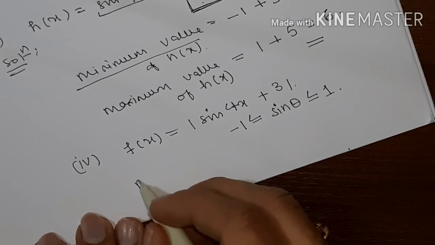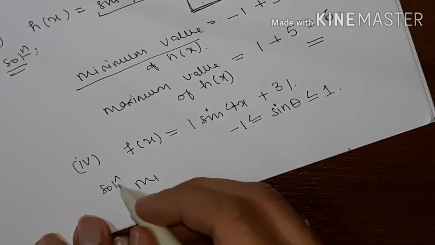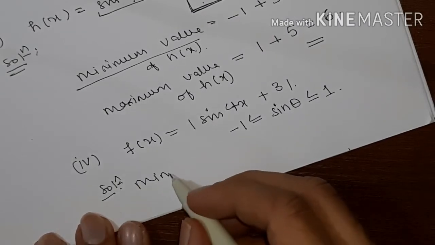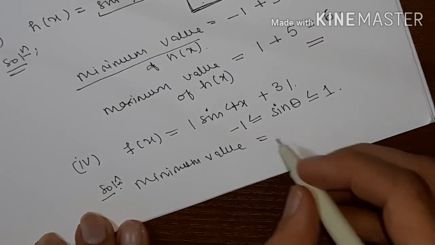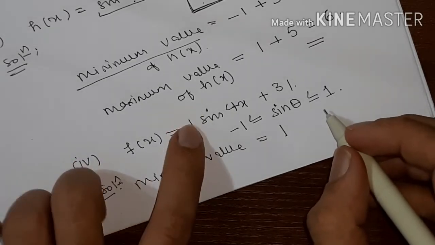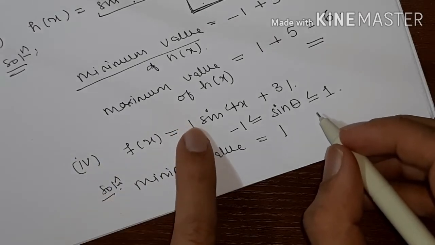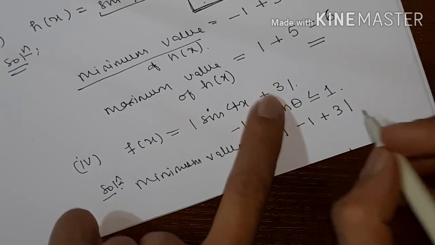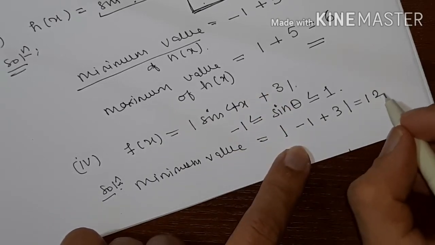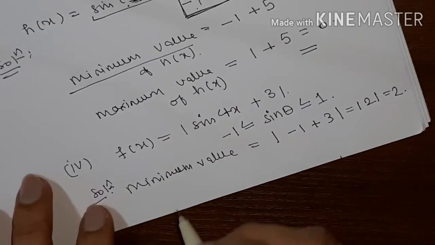So the minimum value will be mod of, when this takes minimum value, -1 plus 3, which is modulus of 2, which is 2.